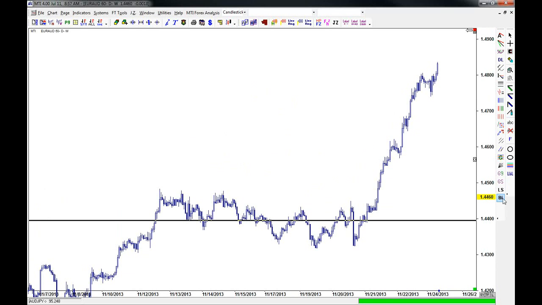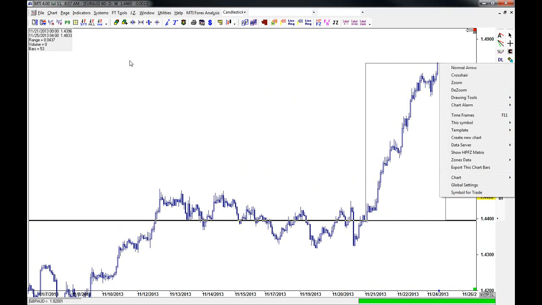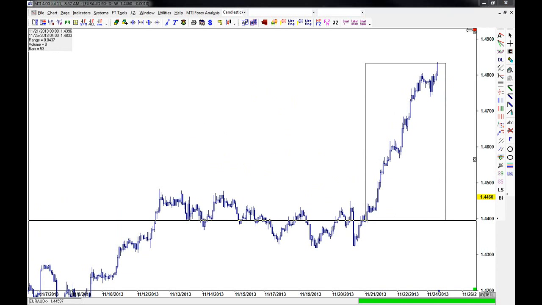Now I'm going to take our box information tool. Let's see how many pips we just generated if you were to have entered this trade. How many of you can tell me how many pips we just generated? If you're wondering how you determine how many pips, how many of you see this red mark? How many of you see the word range? Great job, Ray, Sue, Leonard, Maria, Stanley, Andrew, phenomenal job.